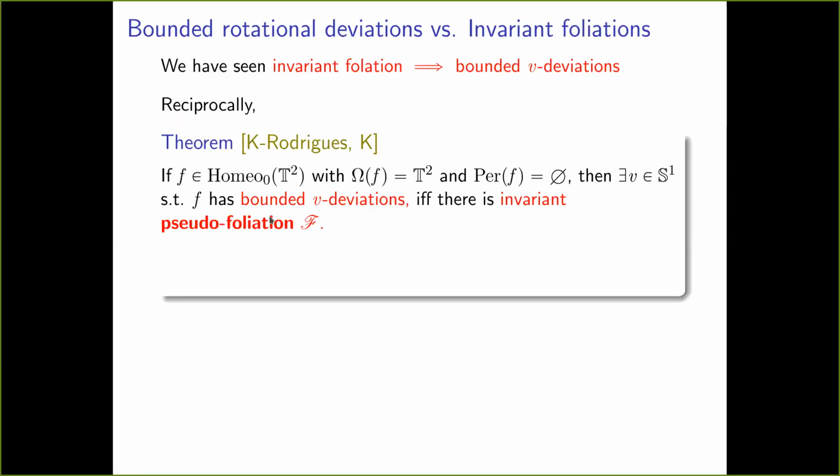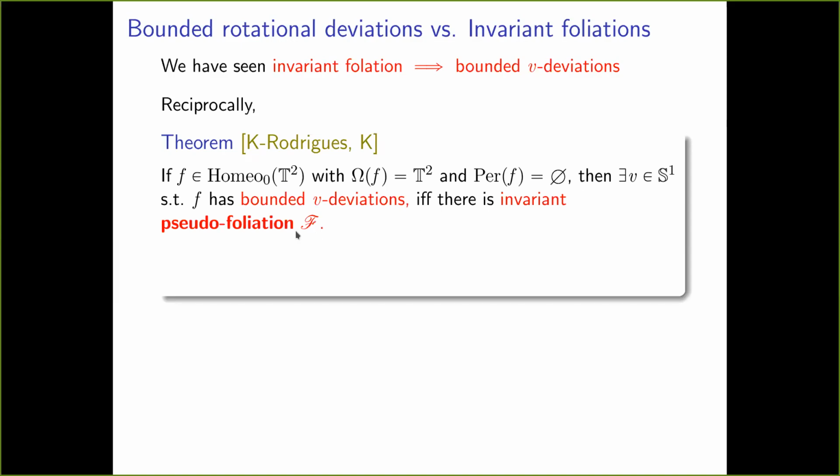Well, if you have a homeomorphism with no periodic point that is non-wandering, you can show that bounded V deviation is equivalent to the existence of an invariant pseudo-foliation. You cannot show that it's a foliation.